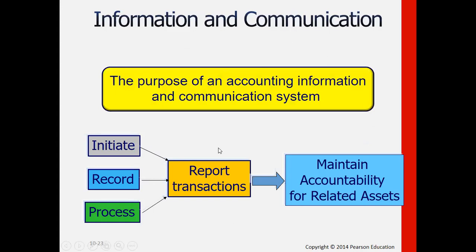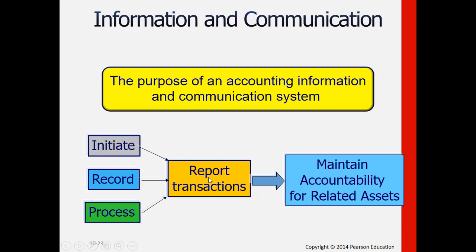Then IC, or ICS, is another of the interrelated components of internal control. This is in fact the CCRIM. So if we follow that acronym, but if you don't follow it, it's okay. The purpose of an accounting information and communication system, of course, is that the information will be initiated from the transaction, will be recorded and to be processed.